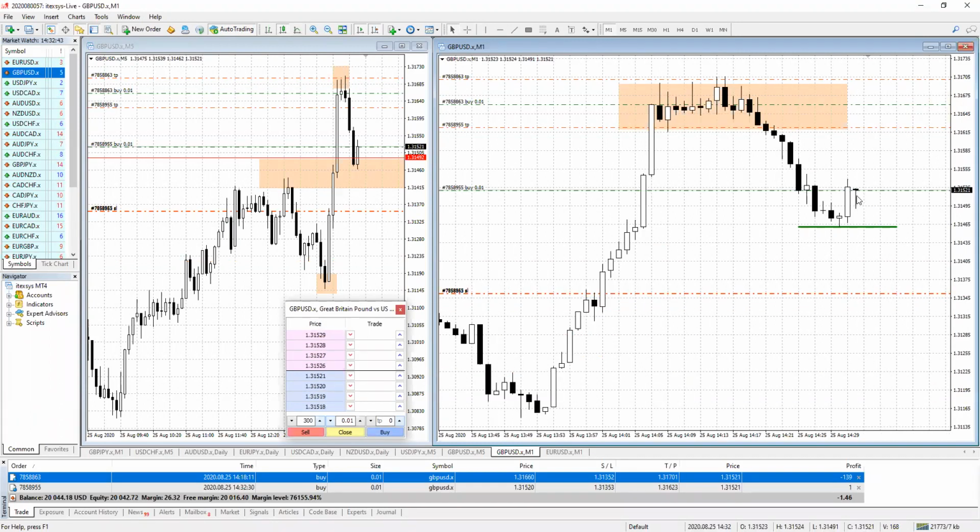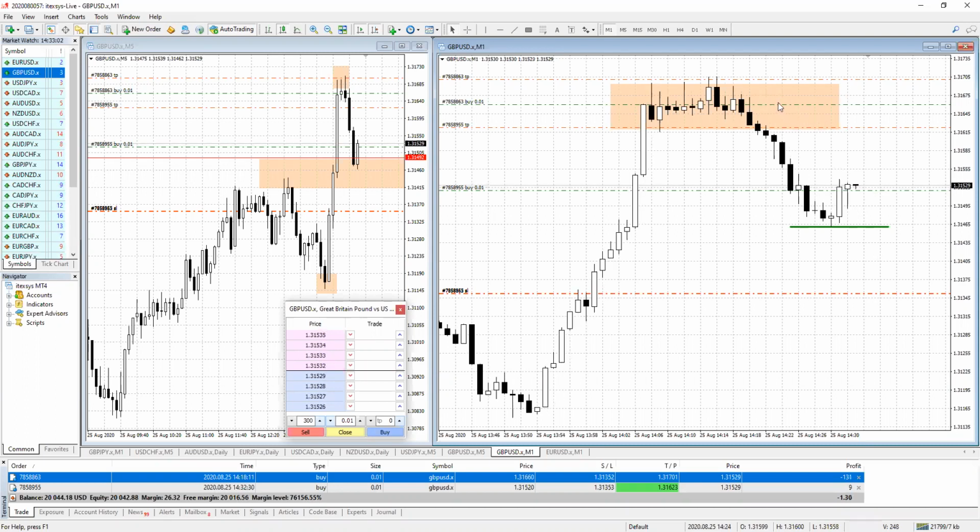Okay, so I added the second position. I'm in a second long. Now I have to decide what I want to do with this trade, because I have this loss up here, so I could either average the loss, you know, just get out from both trades in this area, and then take a little bit of profit and a little bit of loss, and just break even on the trade.